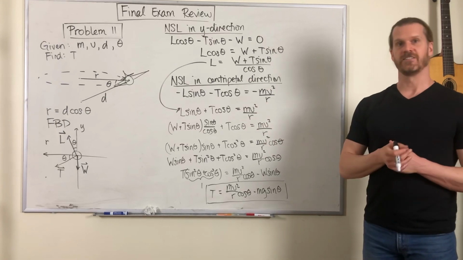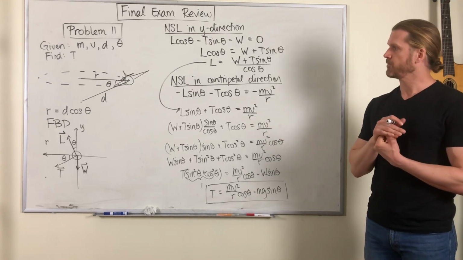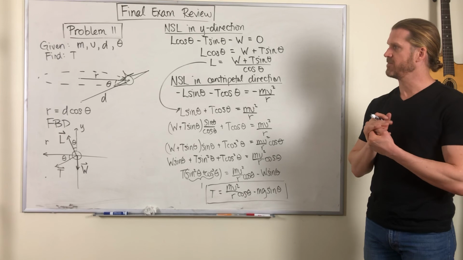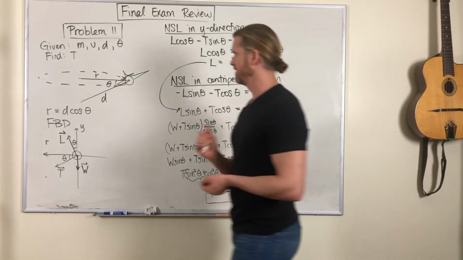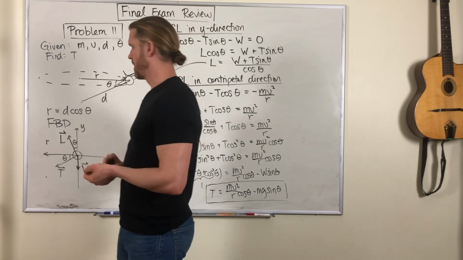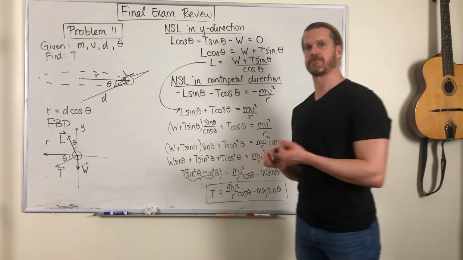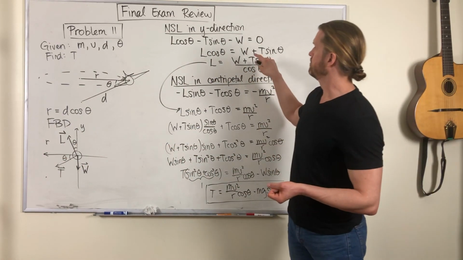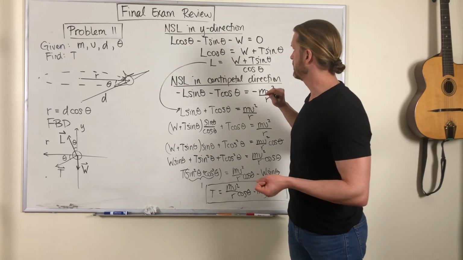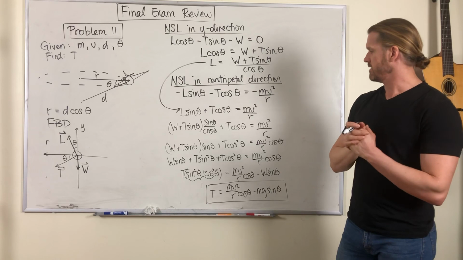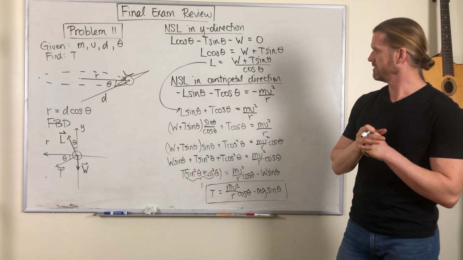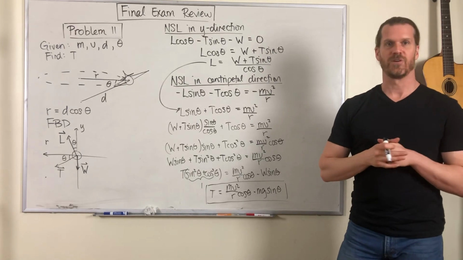Algebra is pretty annoying, but take some time, look at this one, make sure you understand how all the components of the forces work, how all the signs, plus and minus signs work in here. And I think it's a pretty cool problem.